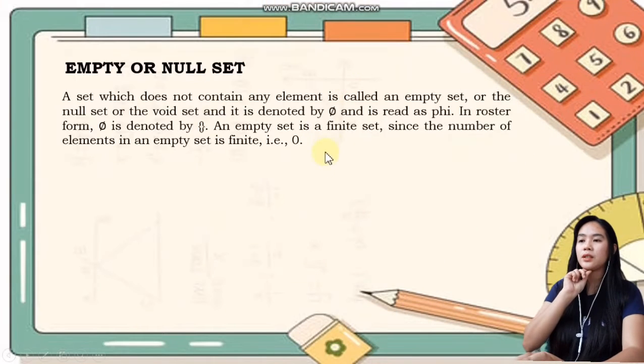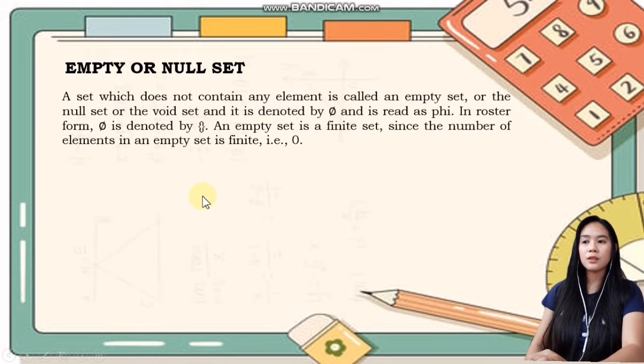So the first type of set is empty or null set. A set which does not contain any elements is called an empty set, or the null set or the void set, and it is denoted by ϕ. This sign is called phi.